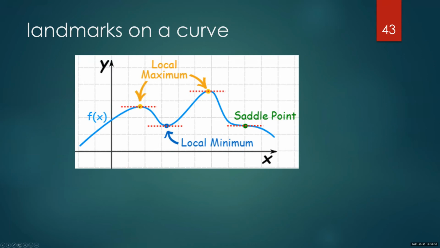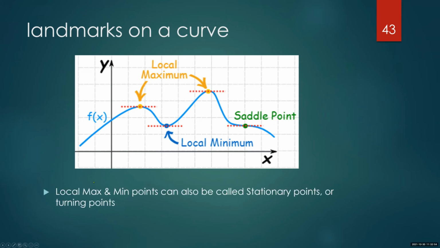Not shown in the curve, but somewhere between the local minimum and the local maximum to the left of it, there has to be a point of inflection. And between the local minimum and the local maximum to the right of it, there has to be a point of inflection also.